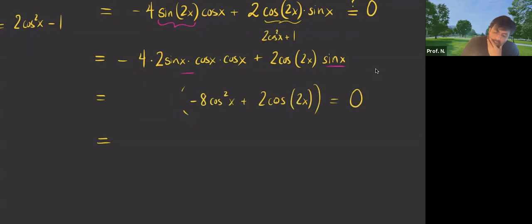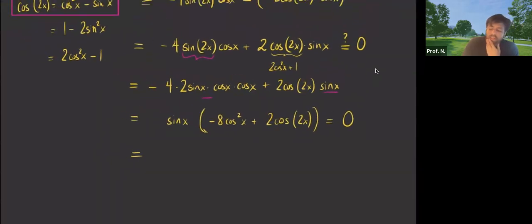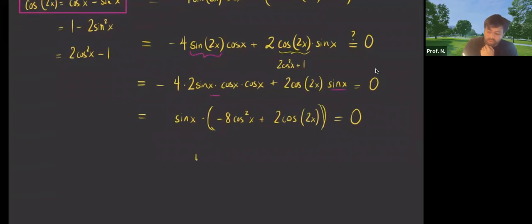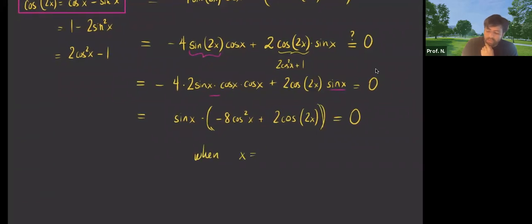So again, the idea is, is there any x value that makes this expression equal to 0 at all? And if you notice, in factoring in this manner, sine of x times this expression equals 0 when x equals 0.